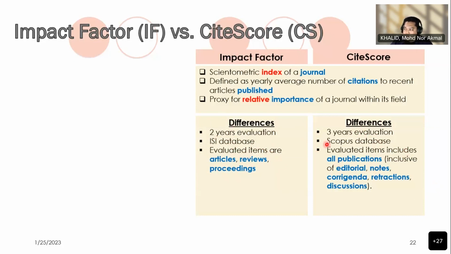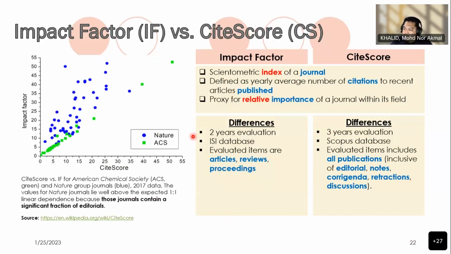So in a way, if you want to be much more comprehensive or more widely covered by the science community, CiteScore is the way to go because it covers everything, including editorial notes, corrigenda, retractions, discussions, and so on. But impact factor usually only considers articles, reviews and proceedings. These are examples between the American Chemical Society and the Nature Group journals.